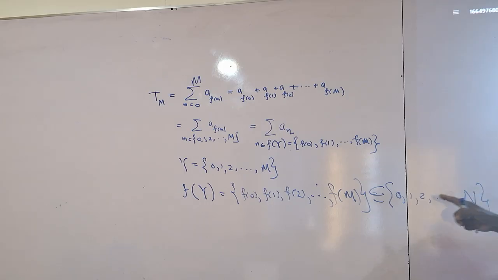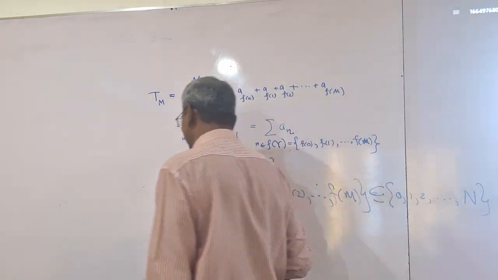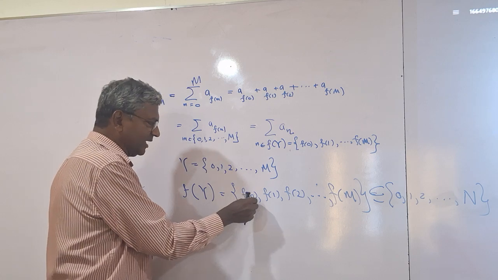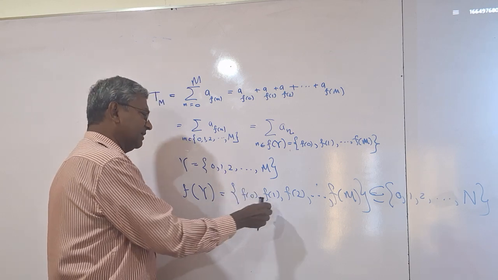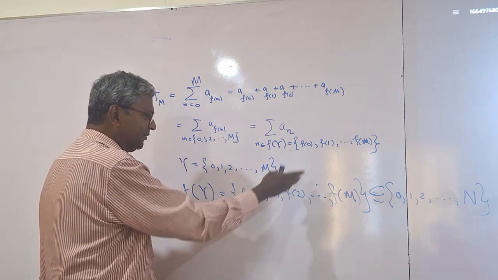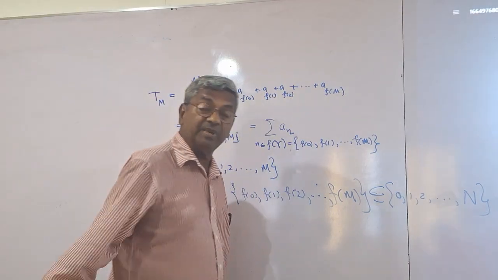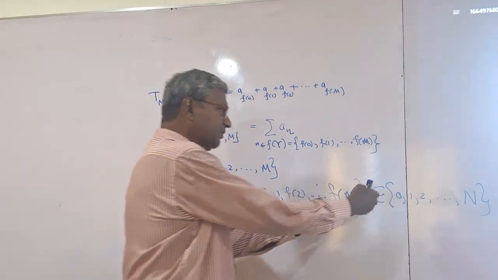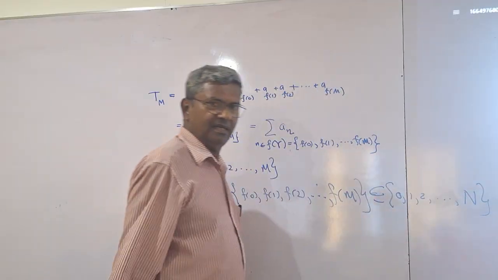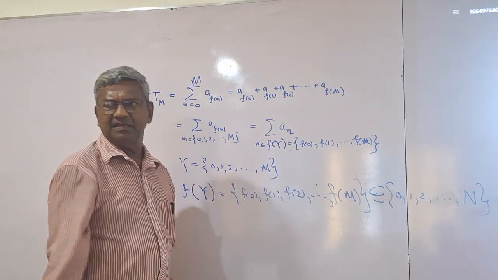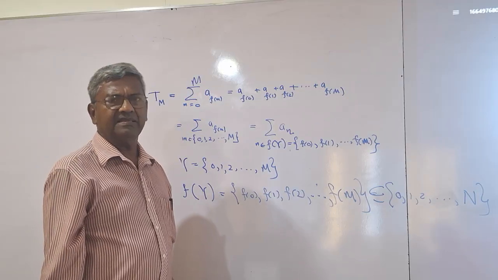That first set has capital N plus 1 elements. But this is the rearrangement, no? F0 may be 100,000, F1 may be 1 actually, F2 may be 10 million, like that. So this capital N can be a big guy. This set can be real big. However, all these terms are inside that set.